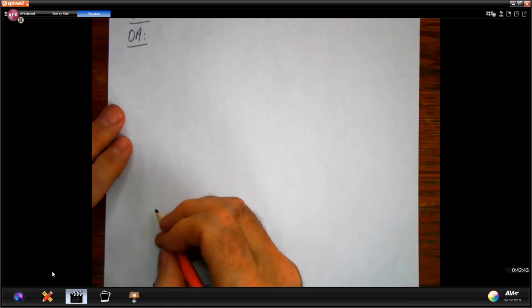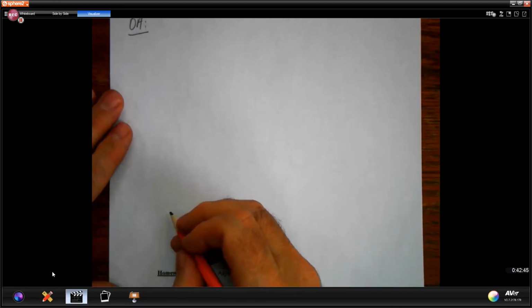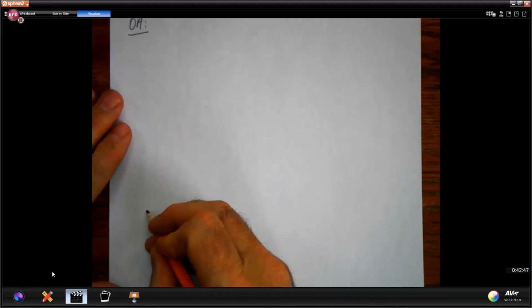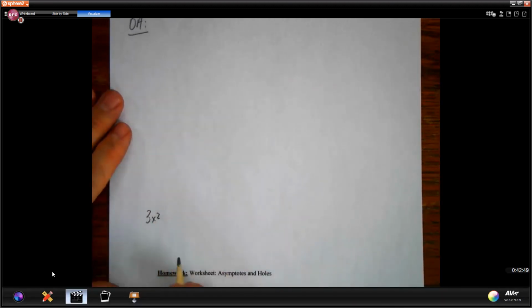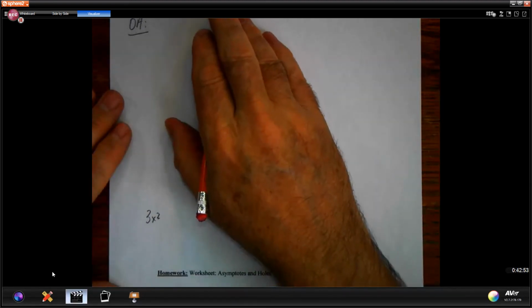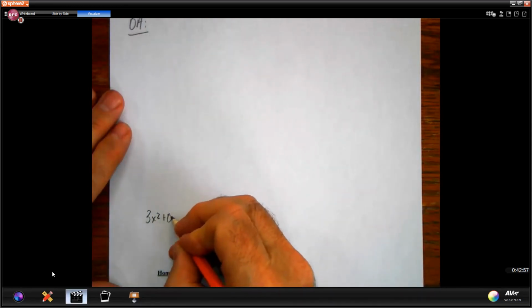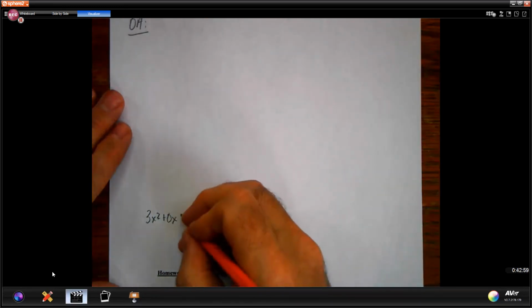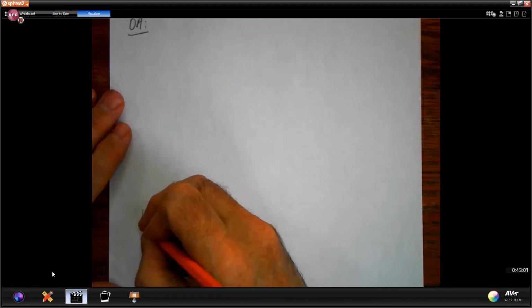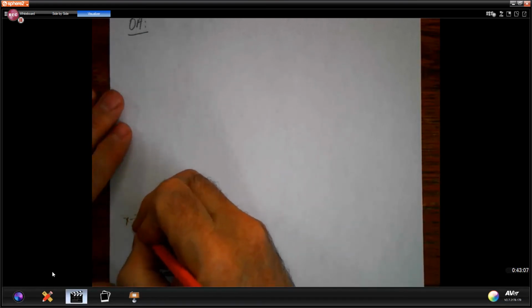I'm actually going to do the work down here, so the long division. So I have 3x squared plus 4, but remember I have to put a placeholder in because there's no x term here. So I put plus 0x, if you remember back from that. So 3x squared plus 0x plus 4 divided by x minus 2.